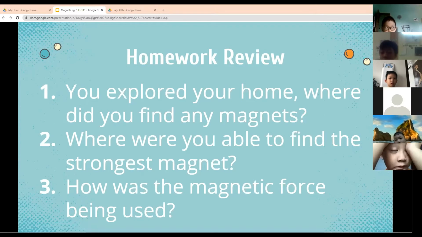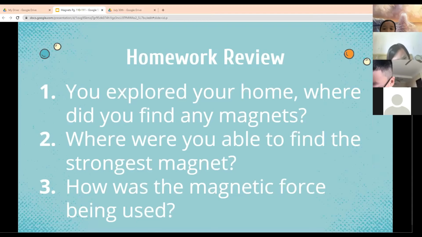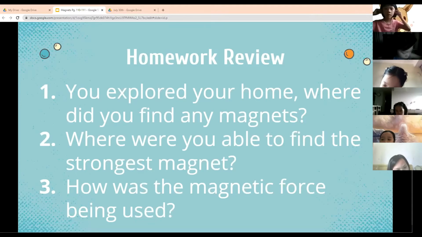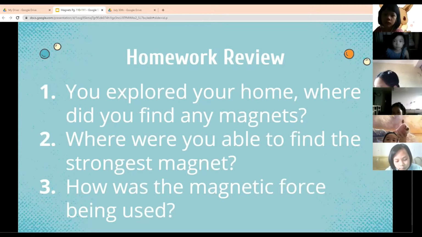Okay, let's call on one more person. Who else would like to share what they found in their house? Anyone else? Let's have Cherry. Cherry, I haven't heard from you. What type of magnet was it? This is a small magnet. This is my mom's magnet. Okay. What's the magnet used for?